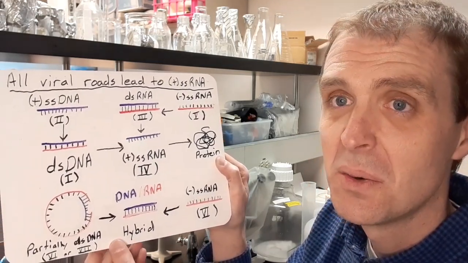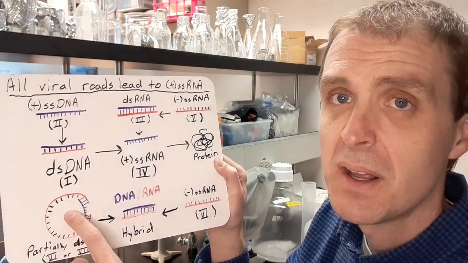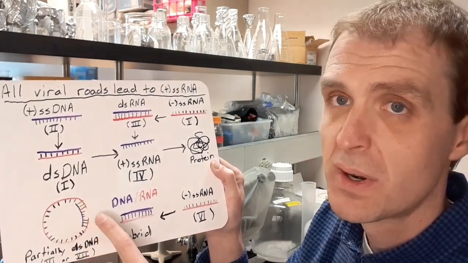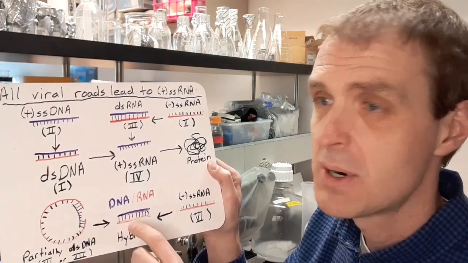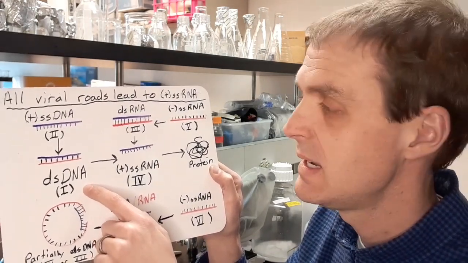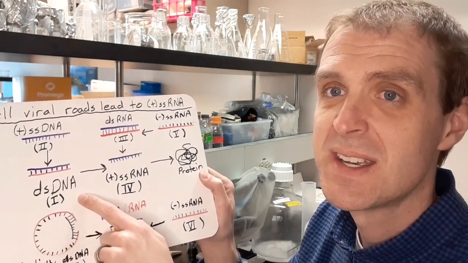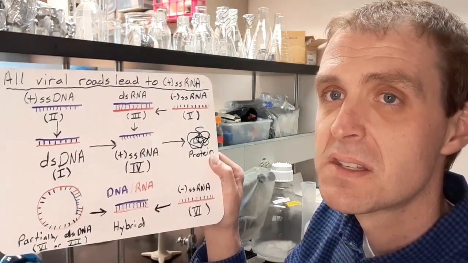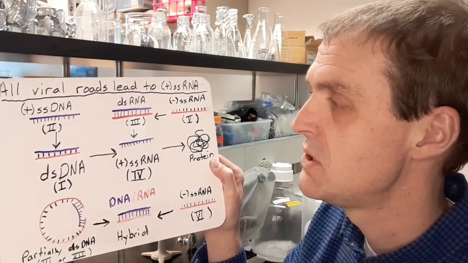We won't get into all the complexity of that right now, but if you were to have a reverse transcriptase work on this, it could use one of those strands as a primer, and you can get to a DNA-RNA hybrid, and then you can go back to double-stranded DNA, with the arrow that is missing here, and then you go to single-stranded positive RNA onto protein. Okay, so that's showing you how much variety there is in genomes.